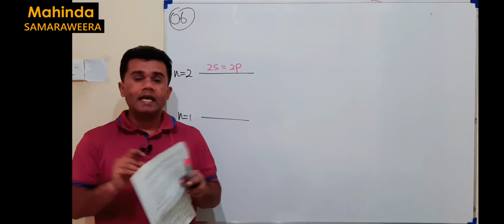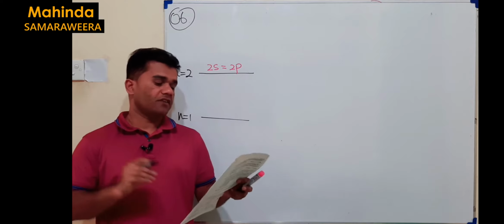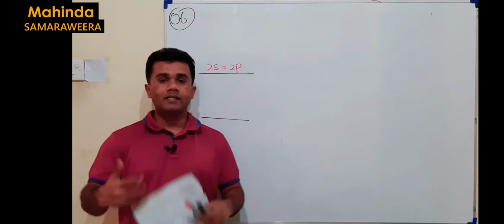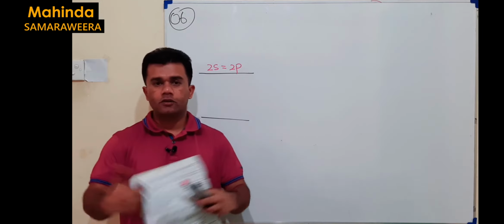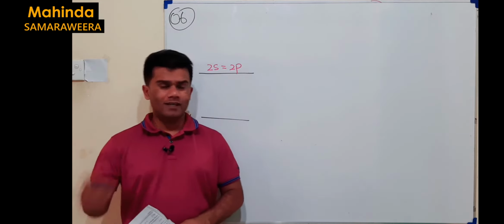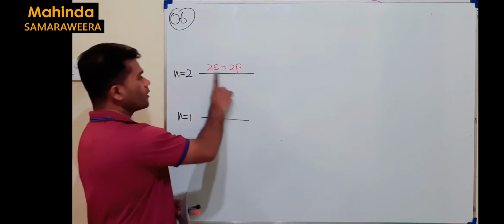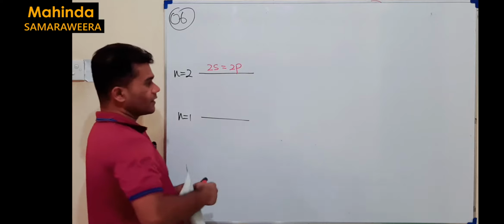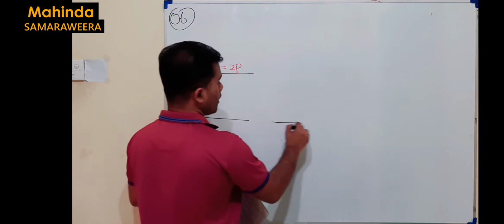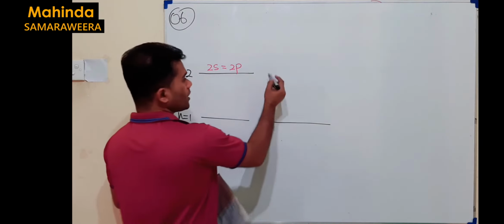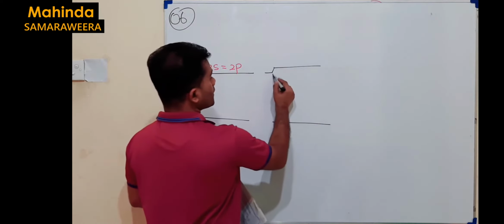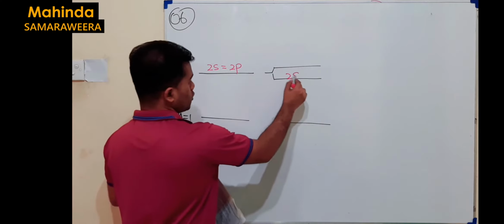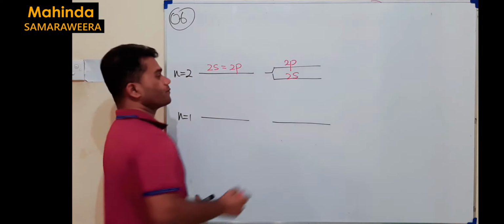because it has only one electron, there is no electron-electron repulsion. But if it is a multi-electron atom, you get more than one electron. That means there is repulsion between electrons. If there are repulsions, then these sub-energy levels split. So n equals 1, you have this much energy. But for n equals 2, these split into two parts. 2s has low energy, 2p has high energy.